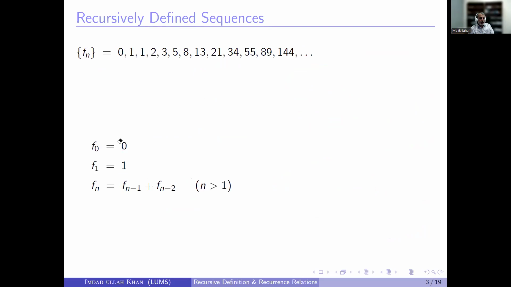We know the first two Fibonacci numbers. The first Fibonacci number, f naught, is 0, and the second, f1, is 1. For all other integers greater than 1, we define a Fibonacci number as the sum of the previous two Fibonacci numbers. So the first line essentially defines the sequence of Fibonacci numbers.